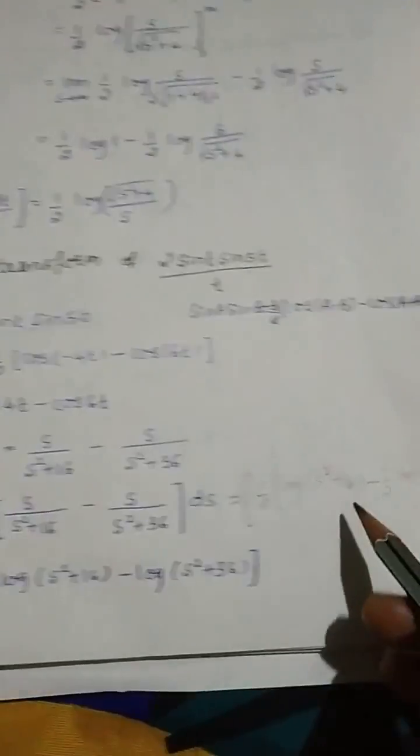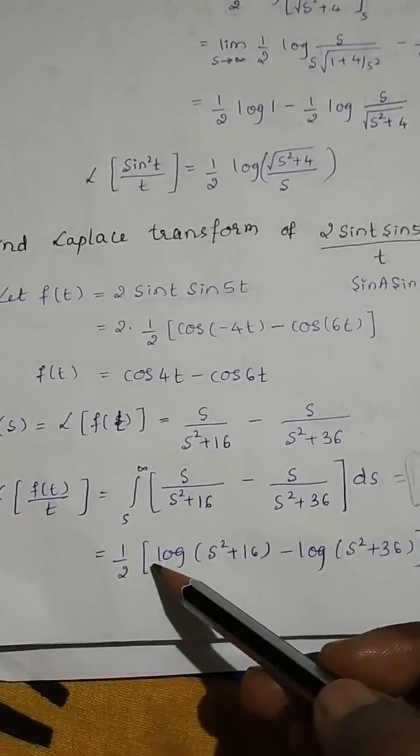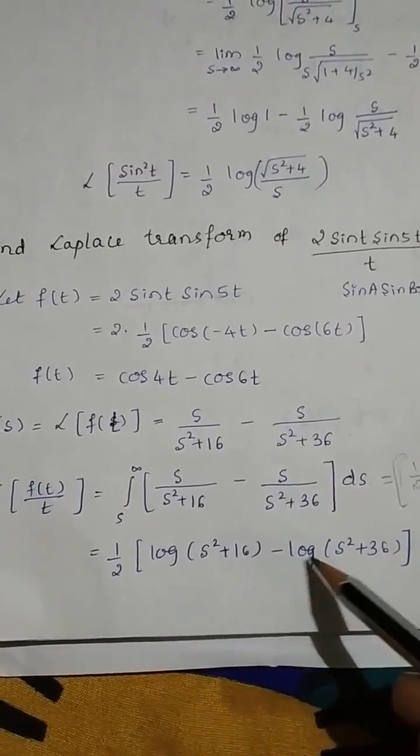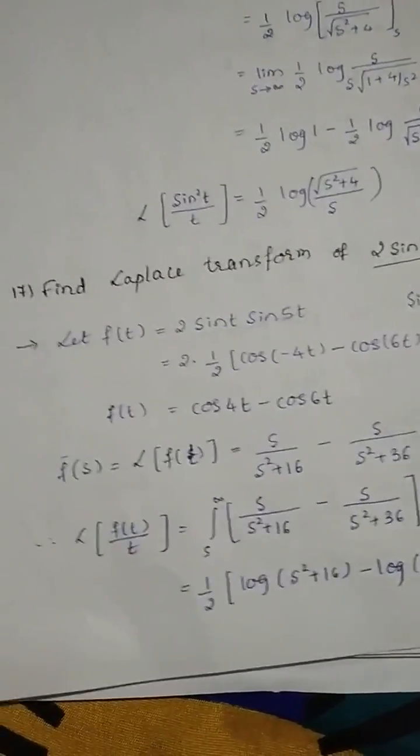Taking 1 by 2 common, it is 1 by 2 into bracket log of s square plus 16 minus log of s square plus 36.